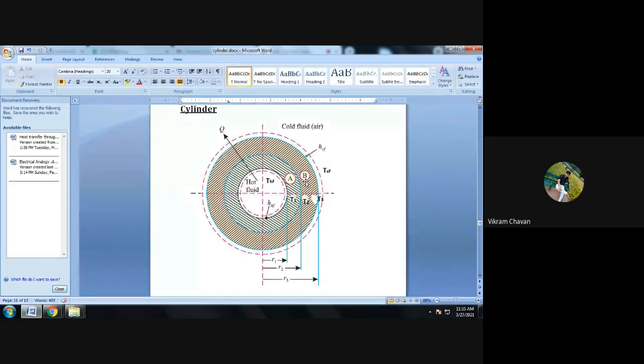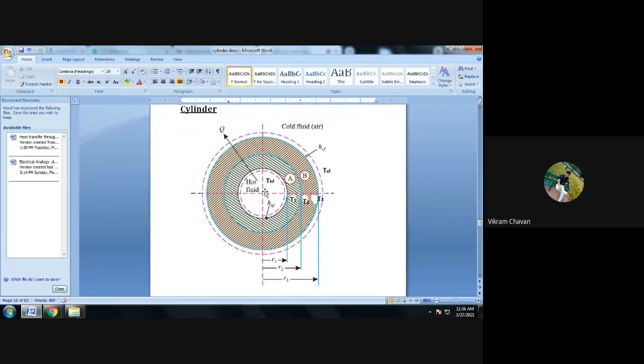The fluid is flowing through the internal cylinder having temperature T suffix HF, and the convective heat transfer coefficient is H suffix HF. That fluid has a higher temperature, so it will be called a hot fluid.